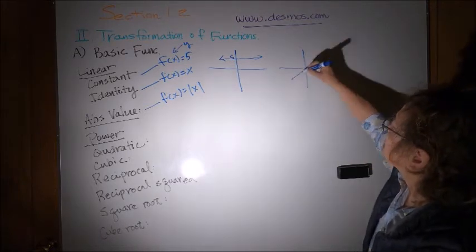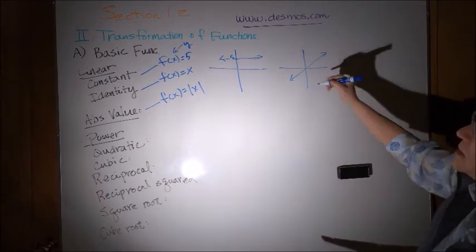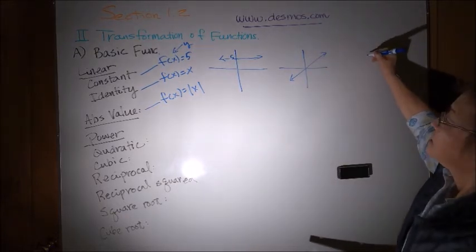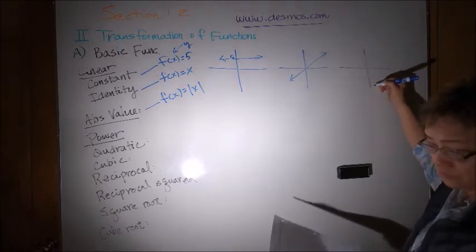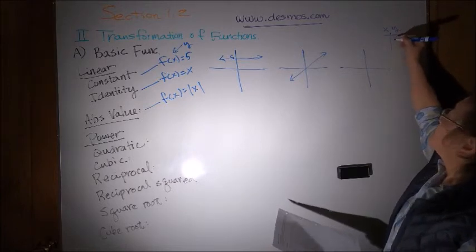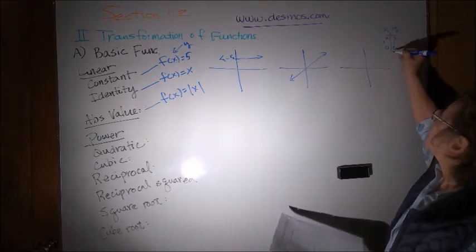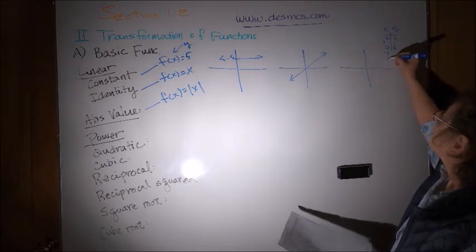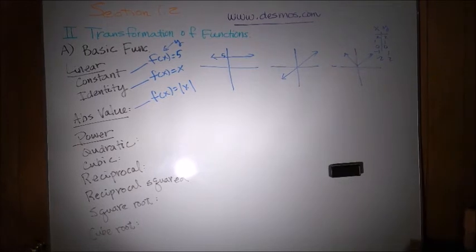It will look like this. It's on your paper. For the absolute function, 1 maps to 1, and negative 1 still maps to 1, right? So 0 maps to 0, 1 to 1, 2 to 2, negative 1 to 1, negative 2 to 2. It will look like this.